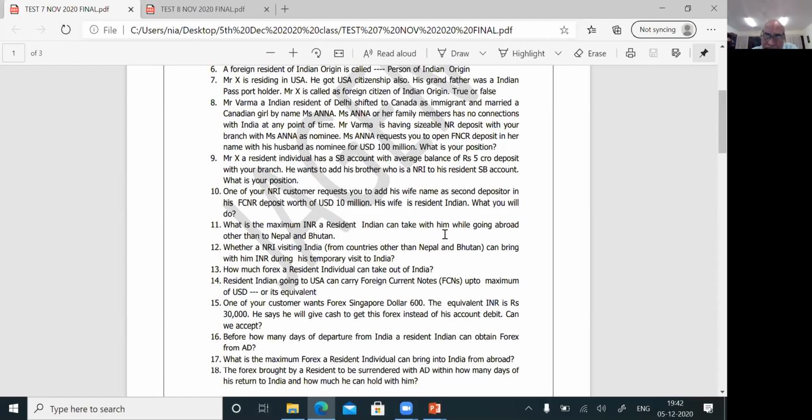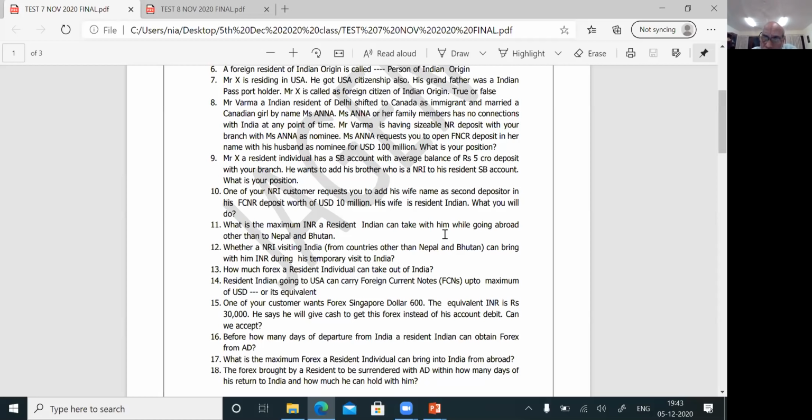First we discussed how much a resident can take out in Indian rupees and how much he can bring in. Second, how much a non-resident can take out and bring into India in Indian rupees. A non-resident coming into India can bring 25,000 Indian rupees.